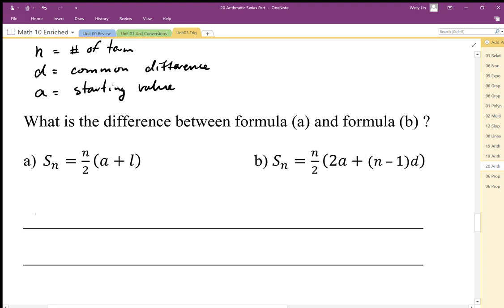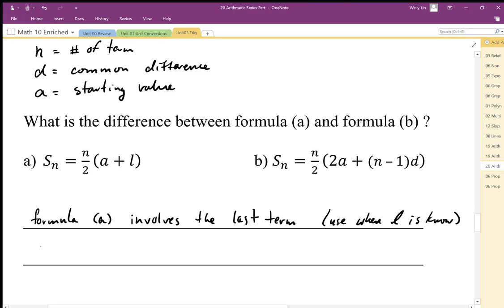Formula A involves the last term, and this allows us to pair up the first and last term. So we would use this one when L is known.